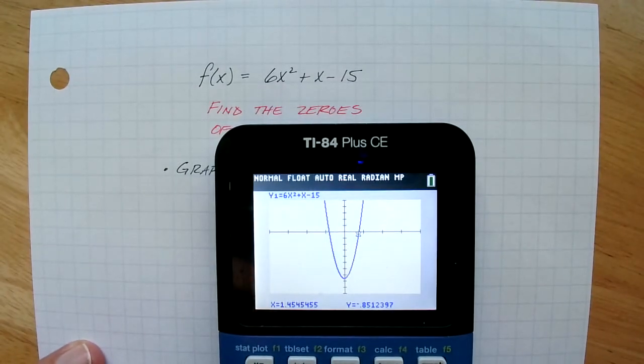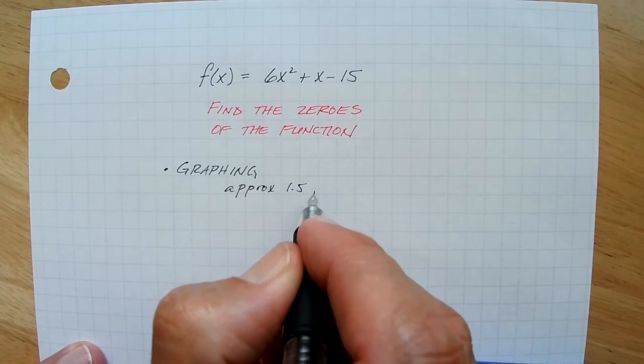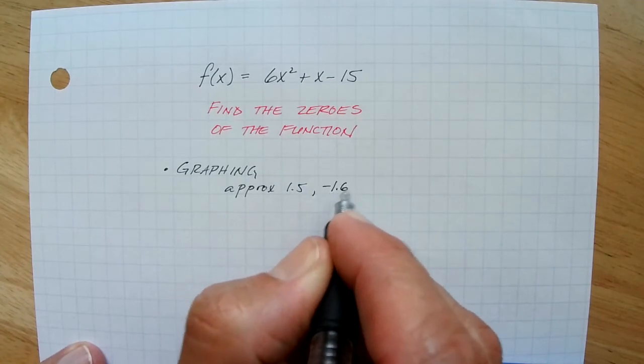And then if I were to slide to the left, let's see what I get for an estimate here. So about negative 1.7. Negative 1.6, so I don't know, maybe about negative 1.65.